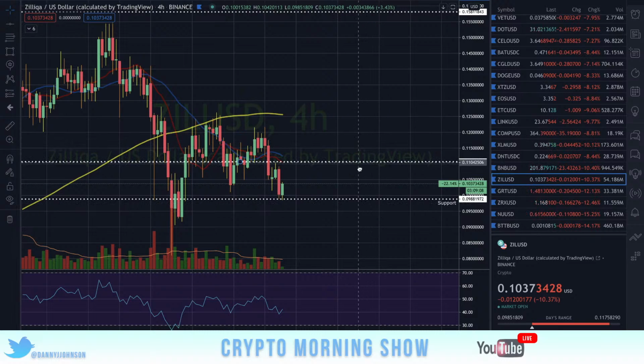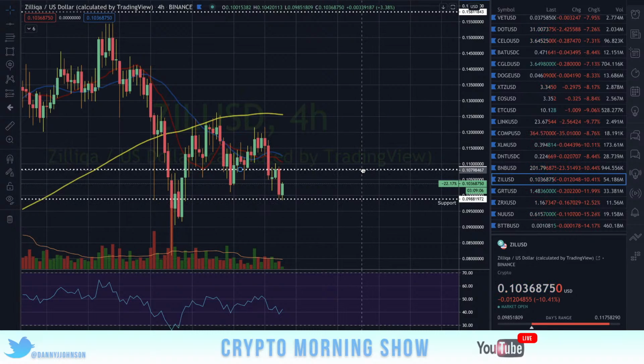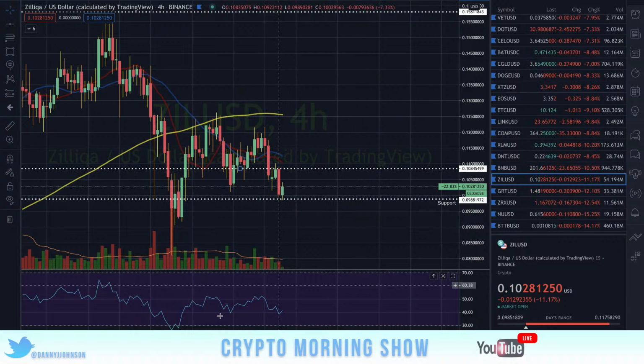And resistance is going to be in the 0.10228. So tightening range. RSI is in good shape. We're about dead center. This is on the 4-hour time frame. I'm on the 4-hour because on the 1-hour it's kind of hard to tell support levels because we were falling, and we have to go back in time to get a better picture of the support level. So we're running on the 4-hour time frame.